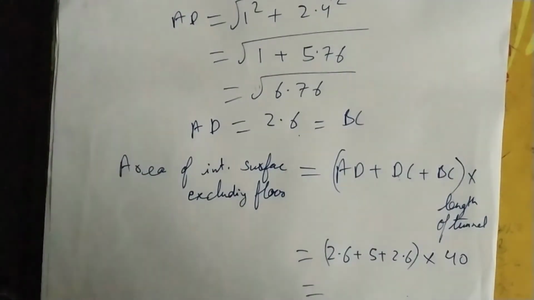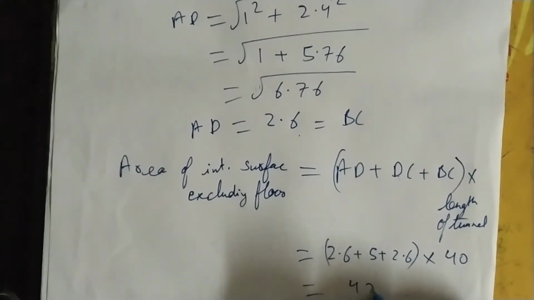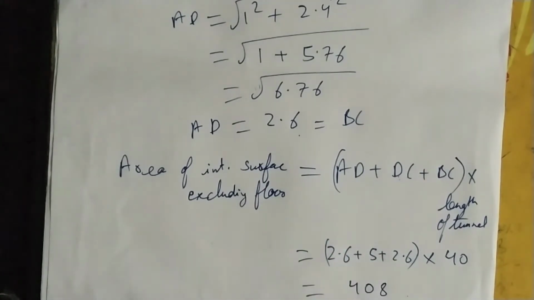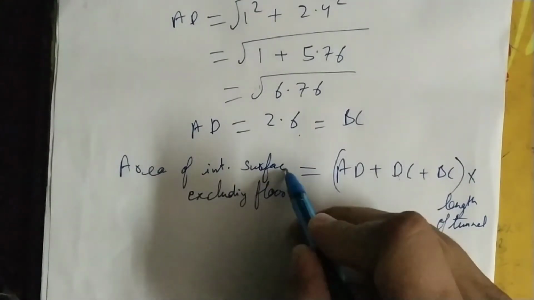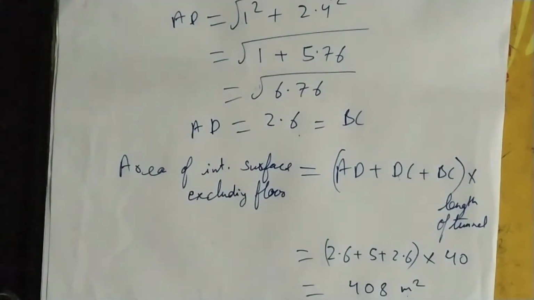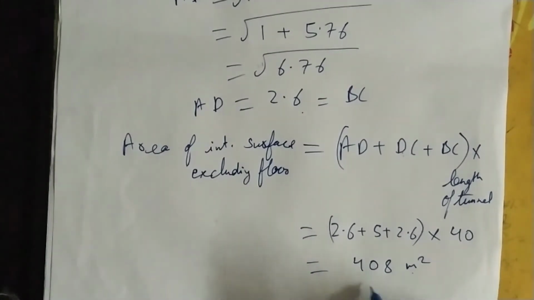Just solve this. Now for the cost, multiply this 408 meter square by 5.